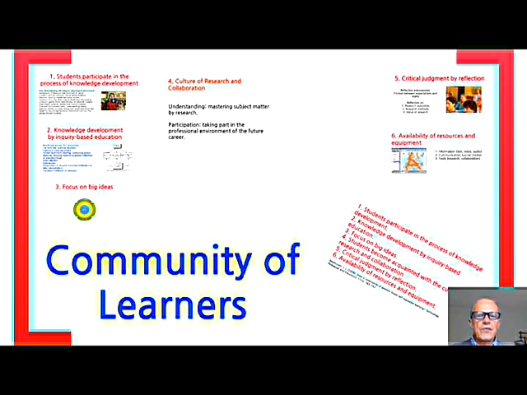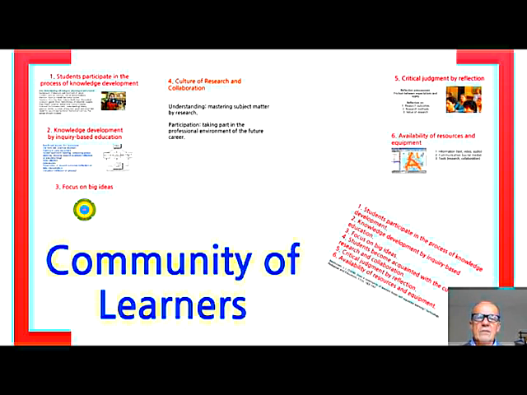The idea of the community of learners has been developed by Ann Brown and her husband Joseph Campione in the 90s, basically, of the previous century, in the area of Los Angeles, Berkeley, in primary schools. So the whole idea originated from doing research in primary education.